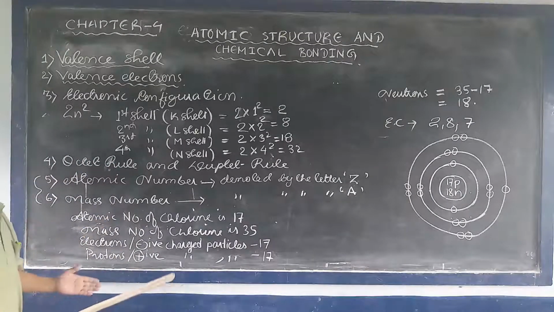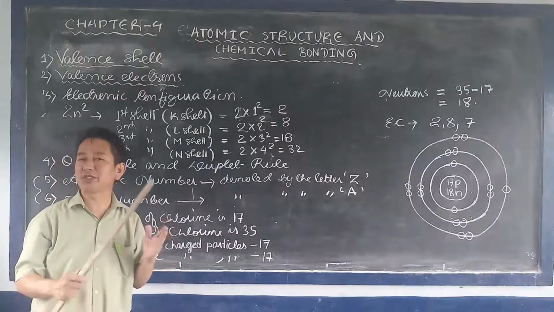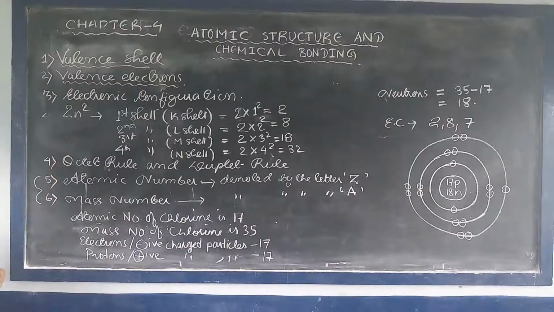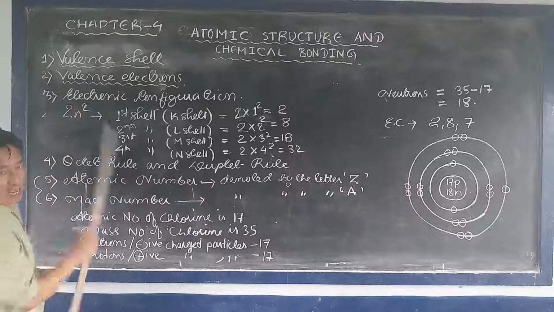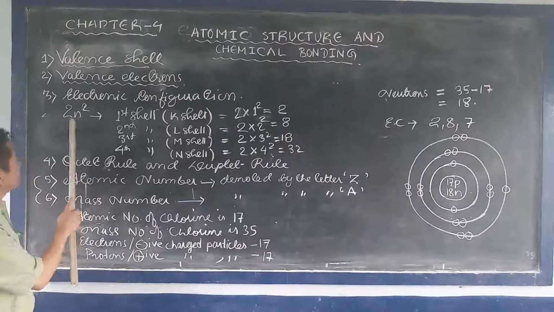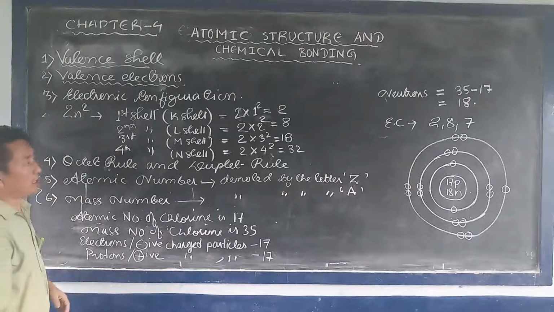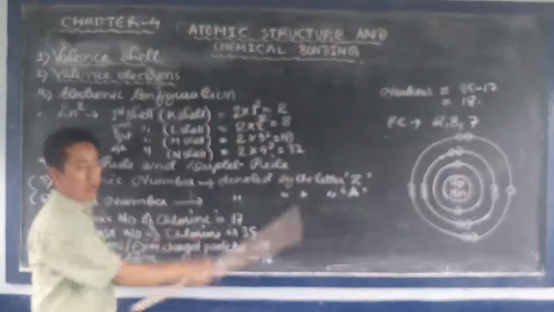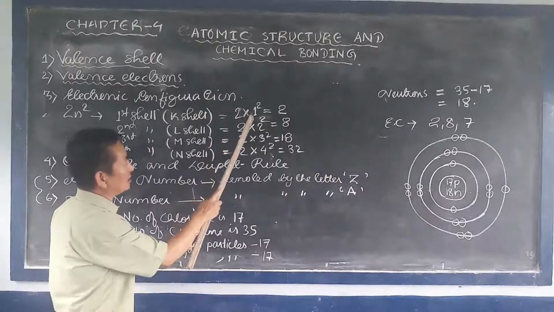And there are certain rules for the accommodation of electrons, which follow the rule 2n squared. Here n stands for a whole number. If you put the value of n as 1, 1 into 1 is 1, so 2 ones are 2.